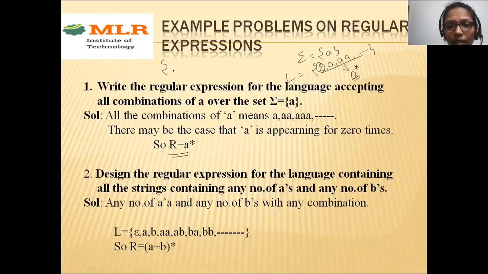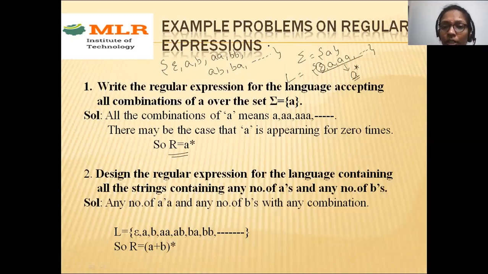A can be followed by B or B can be followed by A. First I'll get epsilon. You can take only A, or only B, two A's, two B's, AB, or BA, and any combination. They didn't mention A's followed by B's or B's followed by A's.